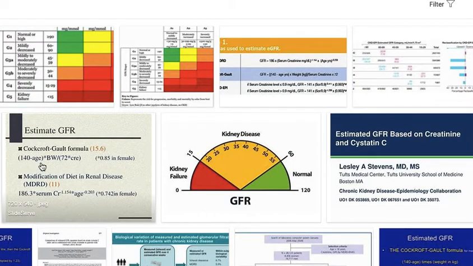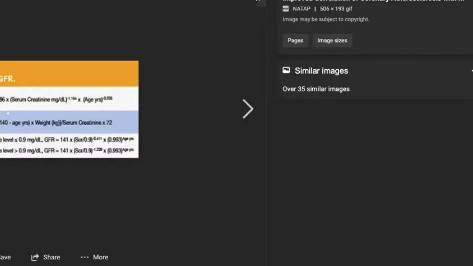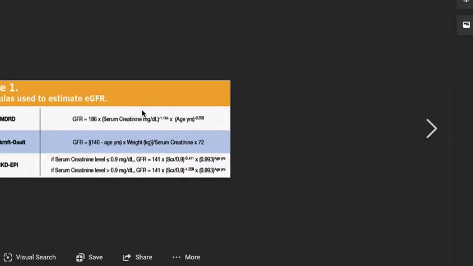See, there are formulas like Cockcroft-Gault formula or modification of diet in renal disease formula, right? Or you can see over here, this is an equation which they use.